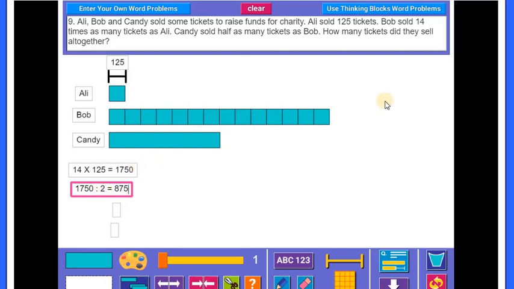Then you already know that here Bob sold 1750, and here Candy sold 875 tickets.